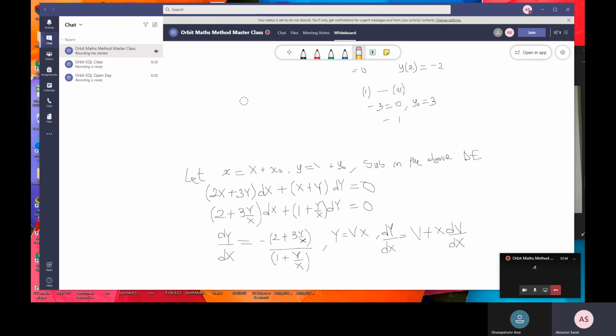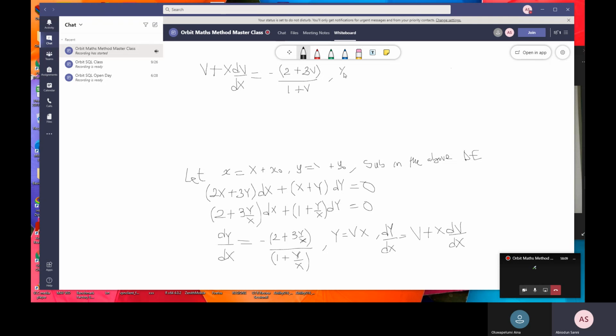So the next thing I'm going to do is, my dy dx becomes v plus x dv dx, which is now equal to minus 2 plus 3v, all over 1 plus v.